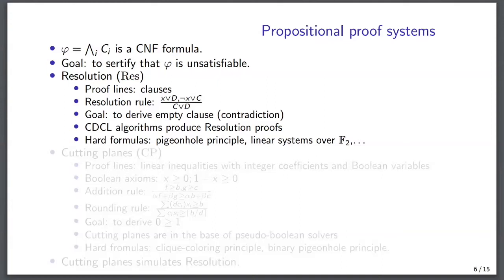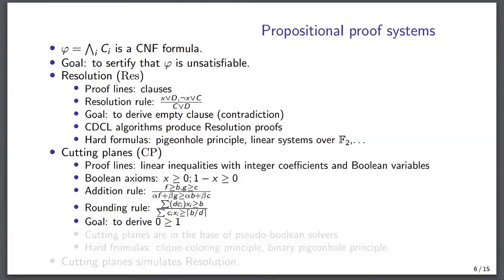And as Edward already said, these hard formulas are the pigeonhole principle, and SAT formulas that are actually linear systems over F2. But you probably understand that linear systems are easier, that they can be solved by Gaussian elimination, for example, but they are hard for resolution. And it means that these formulas should be hard for CDCL algorithms because they produce resolution proofs, and this proof is very large.